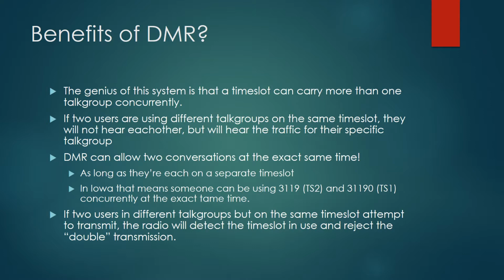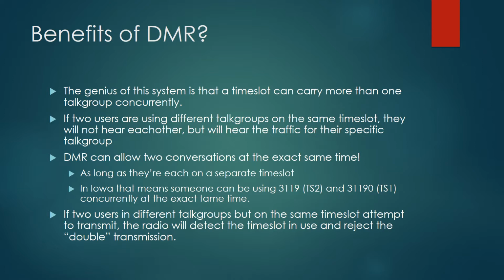If you're on the same time slot, what happens if somebody attempts to transmit into a different talk group when the time slot's used is the radio detects this and it actually gives you a network busy error when you try to transmit. So there's no such thing as a doubling on a DMR repeater. The radio actually checks to see if the time slot is open before it transmits, and if it's not, then it gives you a warning tone that says that the network is unavailable.